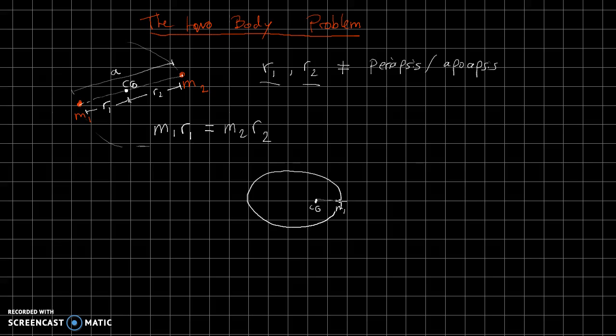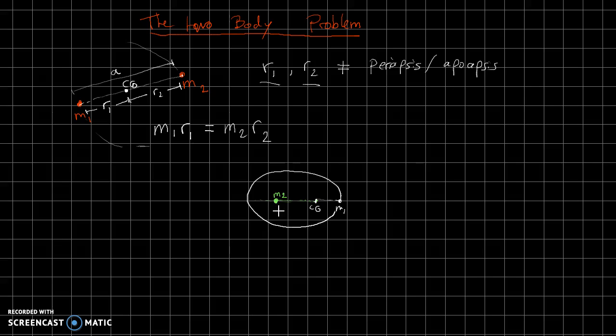When the mass m1 is at its periapsis here, the second mass would also be at its periapsis. So let's say this would be the position of the mass m2 at periapsis. This will be the shortest distance to the center of gravity.